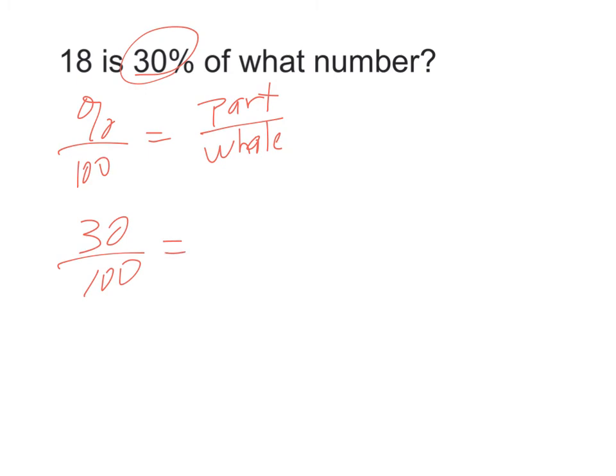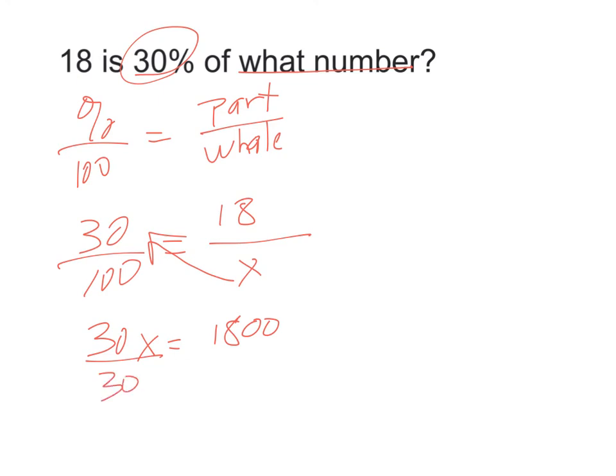In this case, what number is behind the of? So that's our whole. So that's an x. We don't know. We say, what is it? And that leaves 18 for our part. When we do our cross products, 30x equals 1800. Divide both sides by 30, and x is equal to 60. So 18 is 30% of 60.